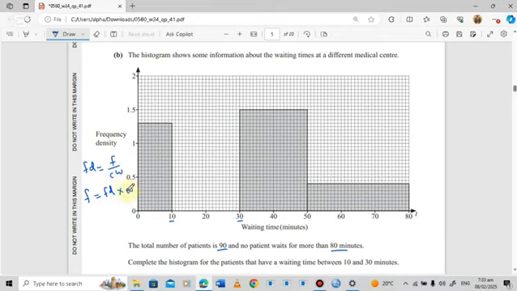So after writing this formula like this, we need to know the frequency density for each bar, and also the width of this bar.